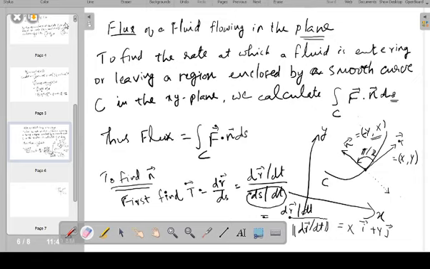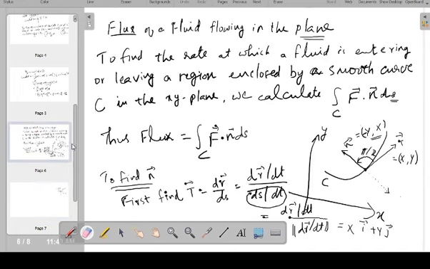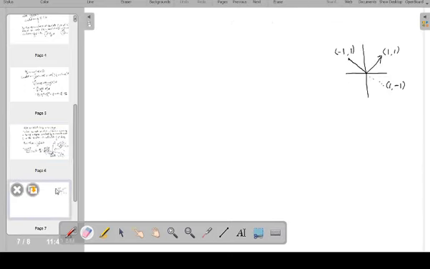So M dy minus N dx, that will give you flux. Where is that?